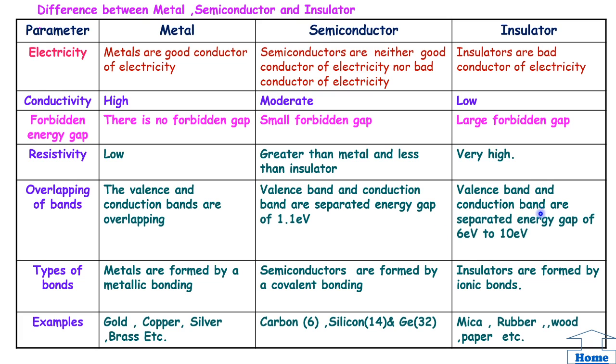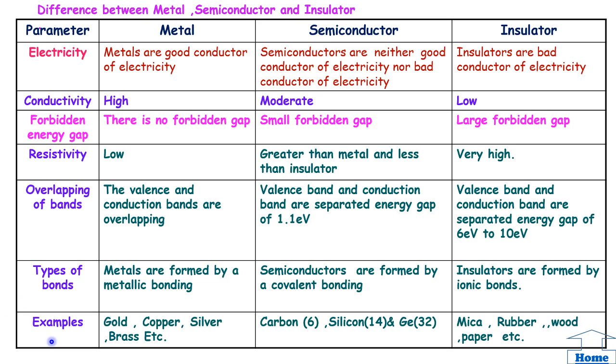In insulators, they are separated by an energy gap of 6 electron volt to 10 electron volt. Types of bonds: metals are formed by metallic bonding, semiconductors by covalent bonding, and insulators by ionic bonding.